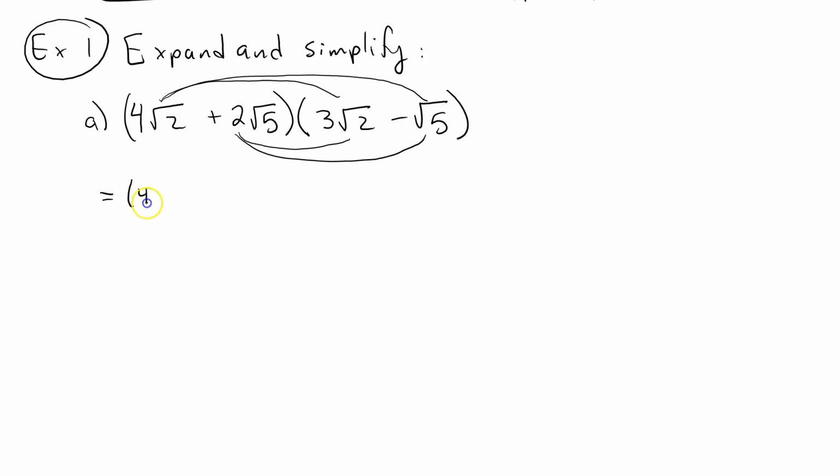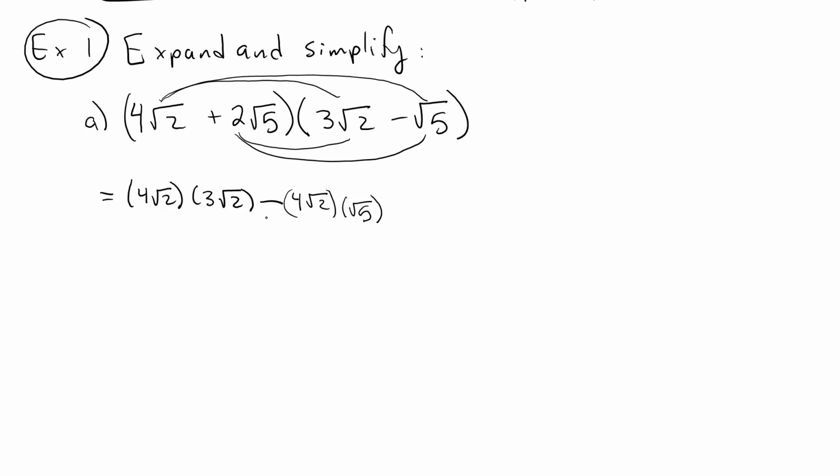So 4 root 2 times 3 root 2 minus 4 root 2 times root 5. The reason why I put this minus here, it looks like a division, is because this is negative root 5.